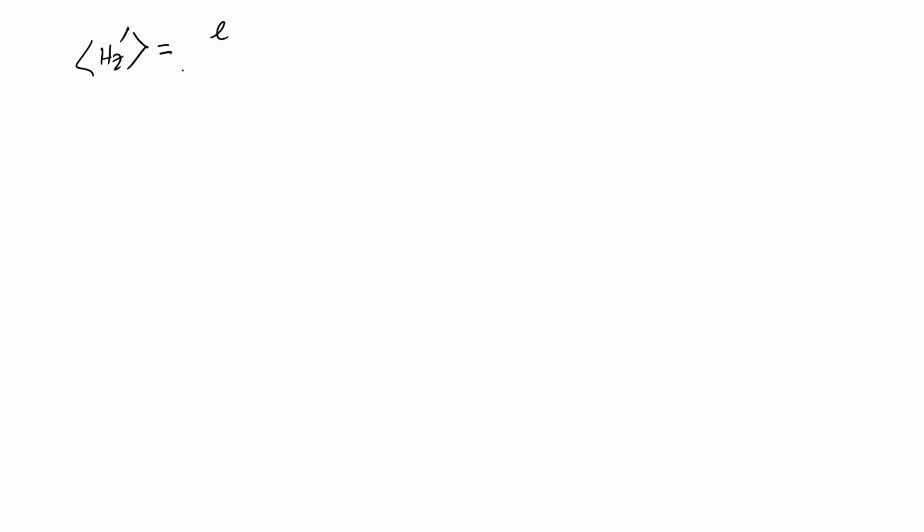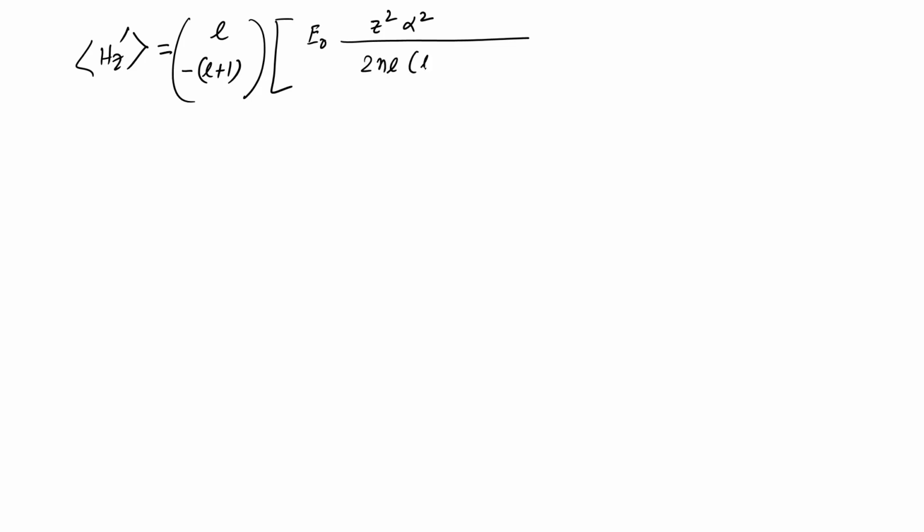And it's l and l plus 1 with the sign, and now we have these E0 and Z square alpha square. So, we write it in terms of these energy scales of the hydrogen atom, which is 2 n l, l plus 1 and l plus half, and that's it.